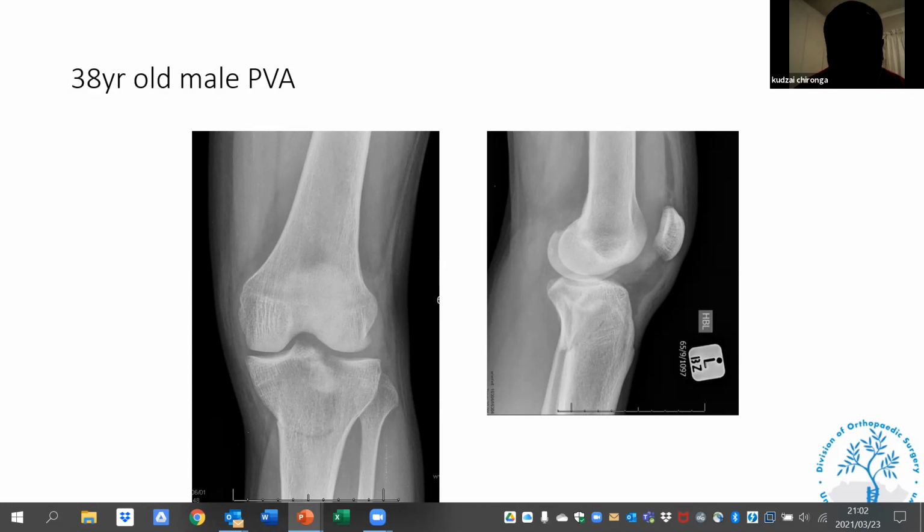Looking on the lateral view, there's no condylar widening that I can appreciate, maybe slightly. There might be a slight varus deformity, but this might be more like a capsular avulsion type of injury in this AP view.